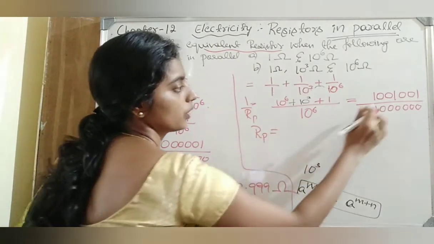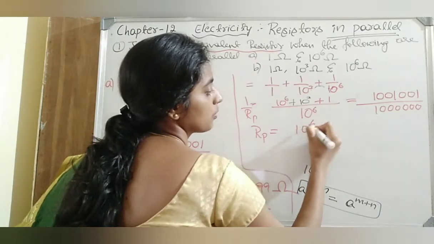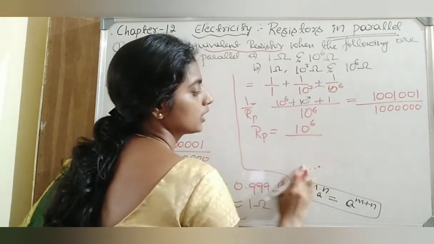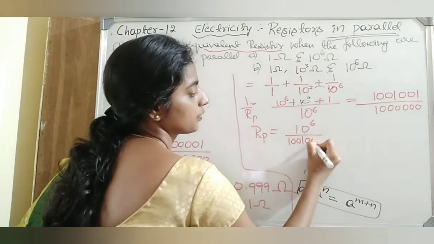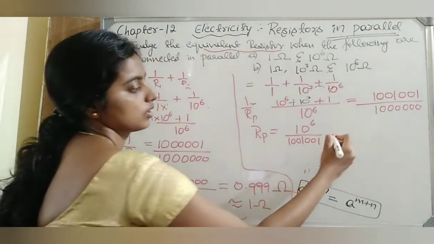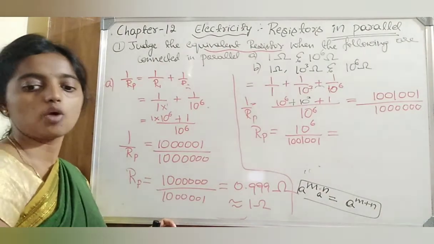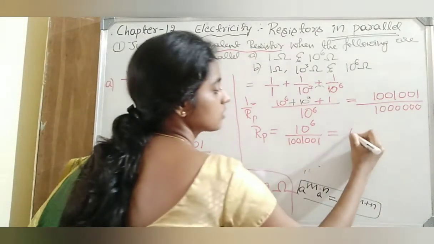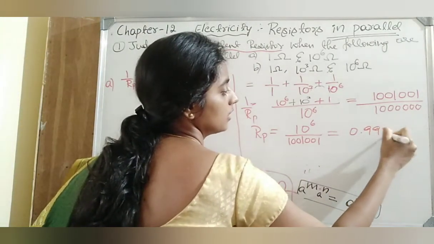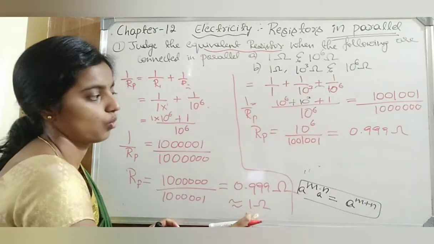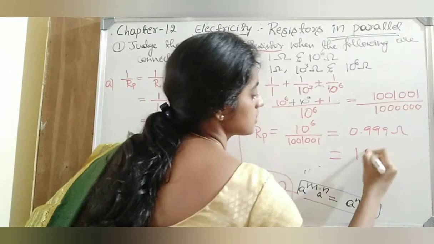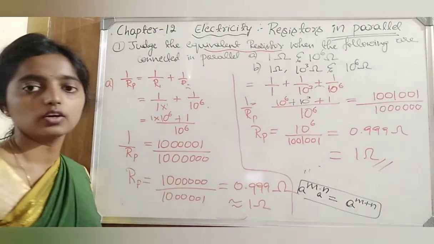Rp is equal to 10 to the power 6 will come to the numerator, and here we have, then calculate and see how much we will get. Here also we will get 0.999 ohm, which is almost equal to 1 ohm. So both have answers 1 ohm and 1 ohm.